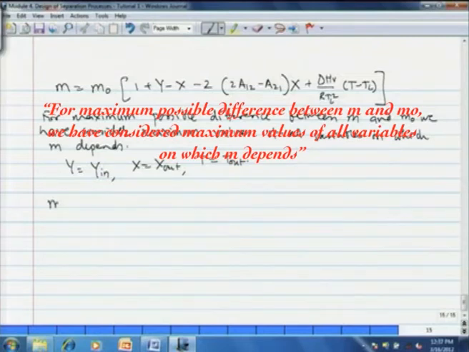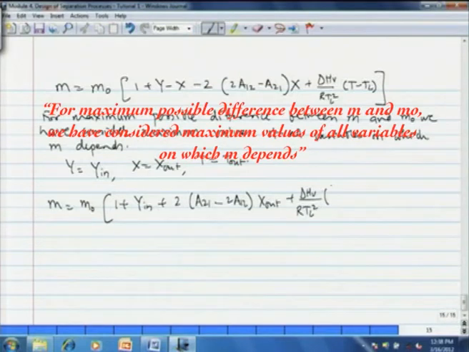So, then m is equal to m naught into 1 plus y in. We substitute for x and y these values minus, now we take this as common, 1 plus y in plus 2 into a21 minus 2a12 into x out plus delta HV by RTL square into T out minus TL.